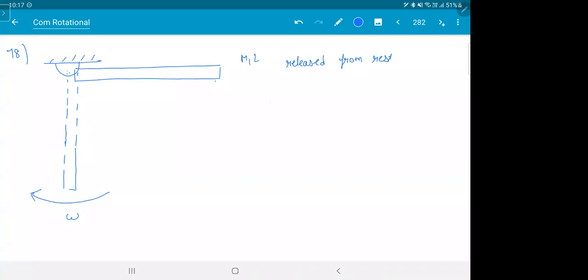Makes sense? Find omega when the rod becomes vertical. You took a rod and released it from horizontal position, it will swing like a pendulum. Find the omega when it reaches the lowest position. Get it?